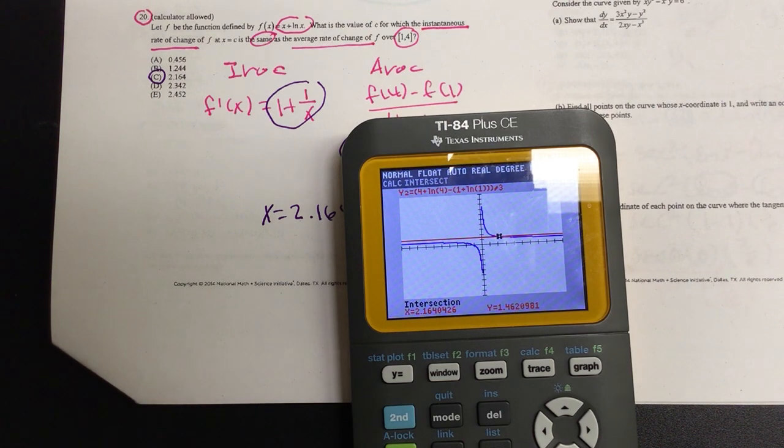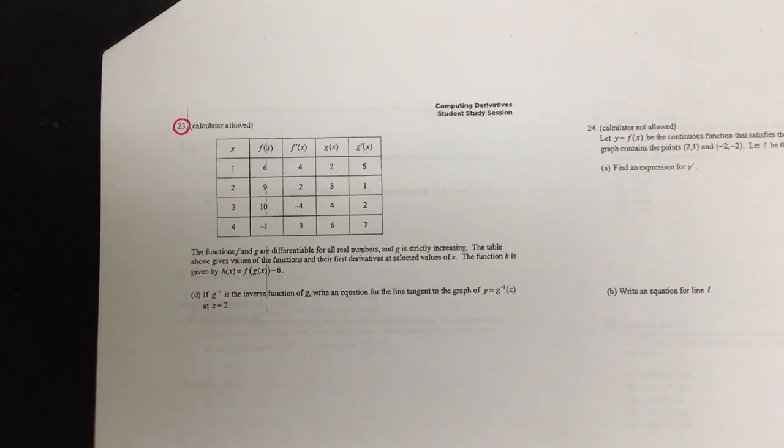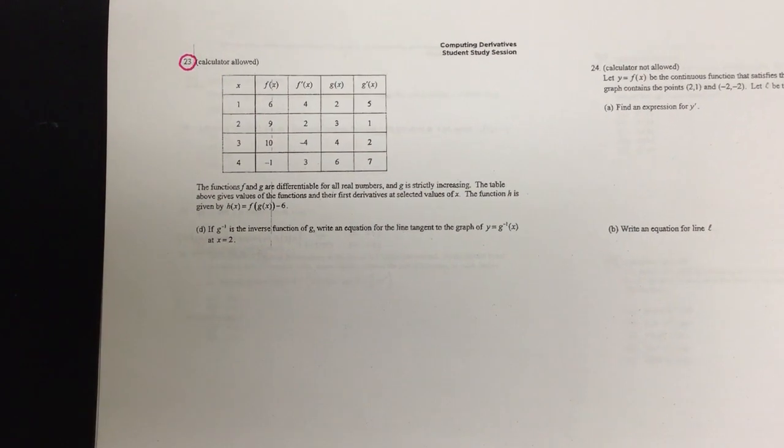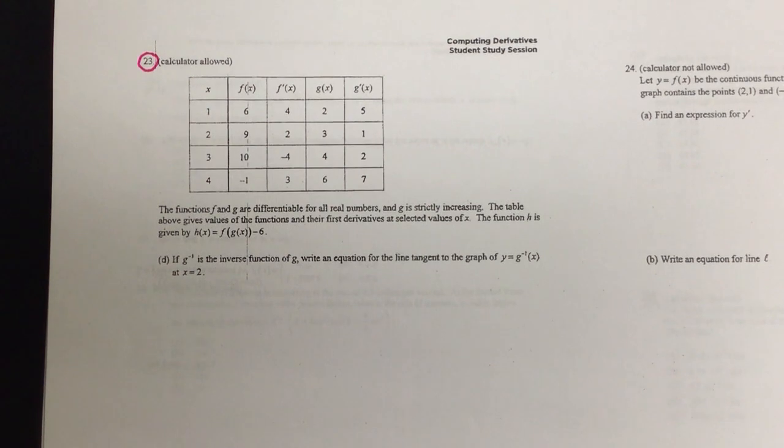Okay, then we're going to number 20, what was it, 3? All right, Ryan, let's read number 23. Functions f and g are differentiable for all real numbers, and g is strictly increasing.